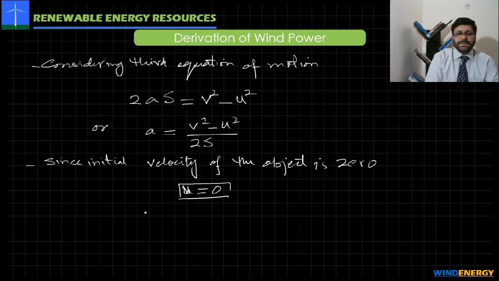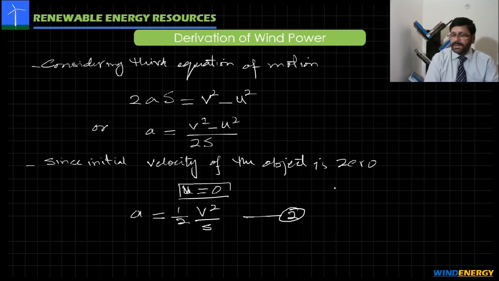So we can write this expression as a is equal to half v square on s. Now let's say this is our equation 2.